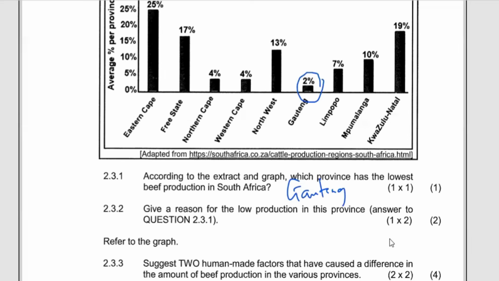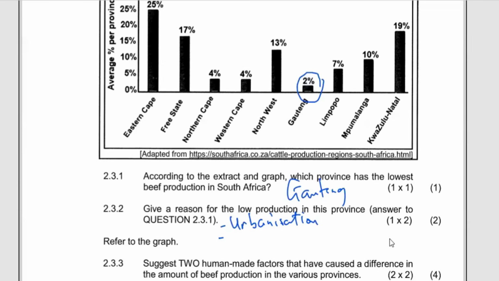Give a reason for the low production of this province. Why is it that Gauteng is contributing less to beef production in South Africa? Right, the problem with Gauteng, you can talk of urbanization. It's an urbanized province where most people are staying in the towns. And hence, they are not focusing much on primary activities. The core focus is in manufacturing and not in agriculture.